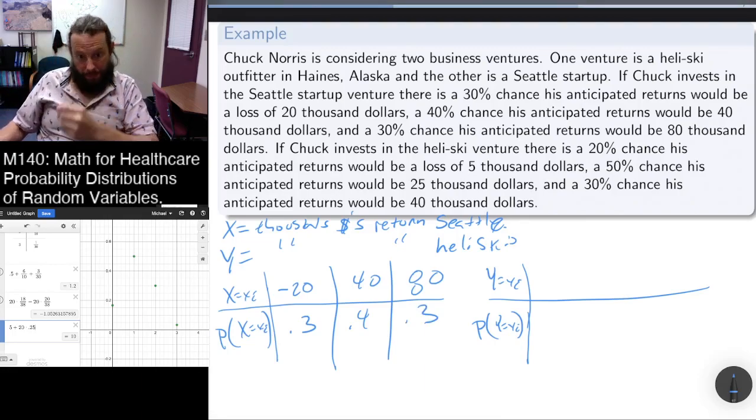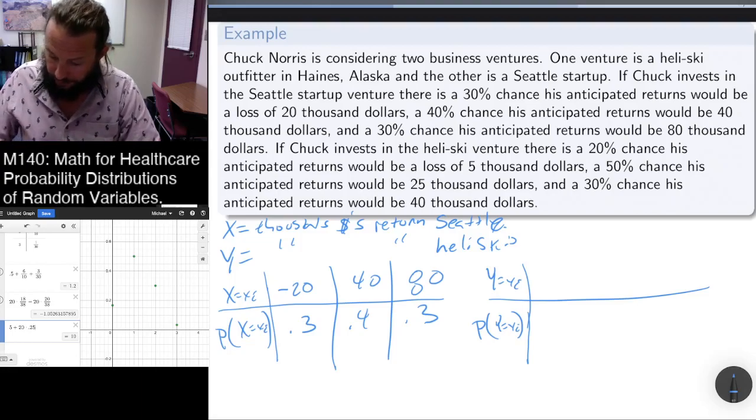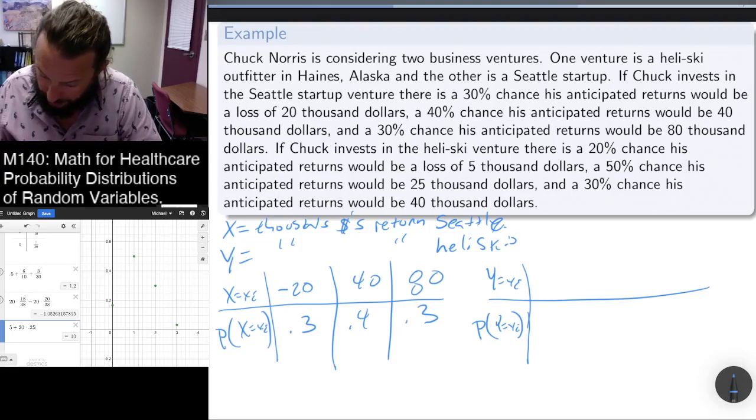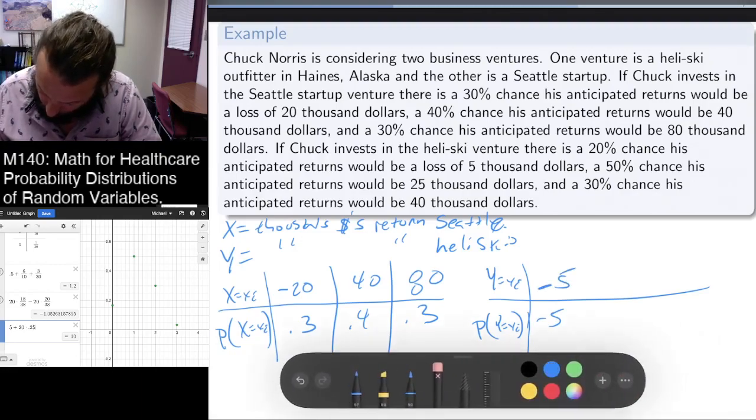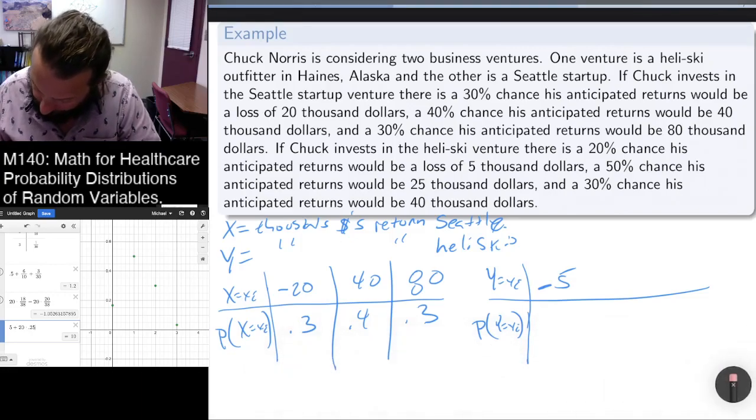How about the heli ski? 20% chance that you lose $5,000.